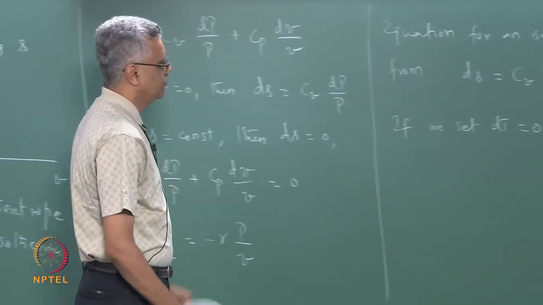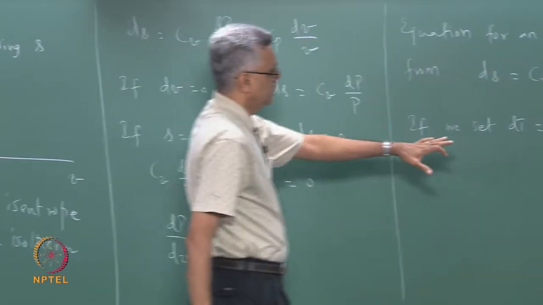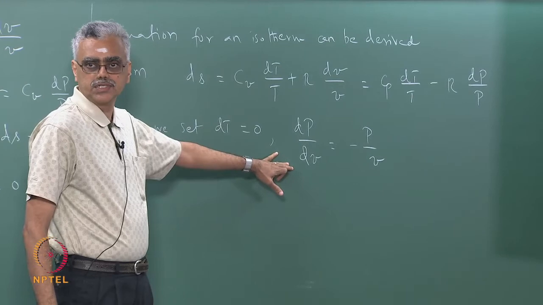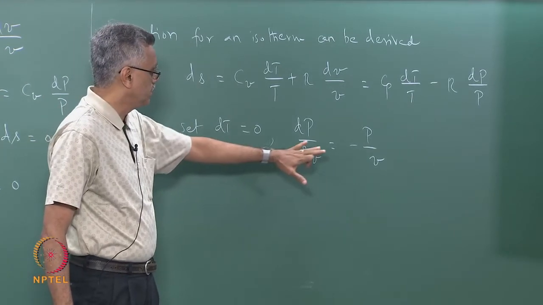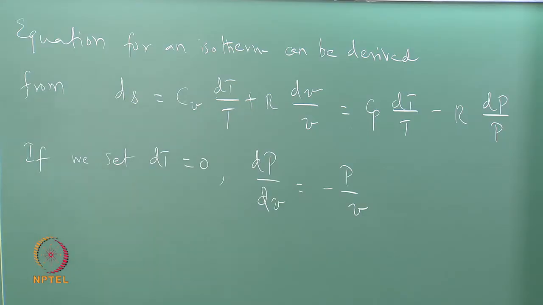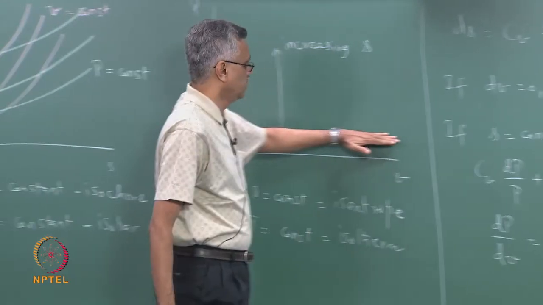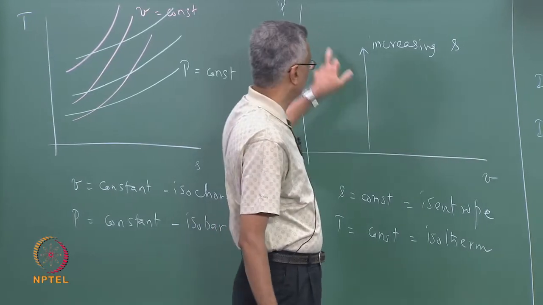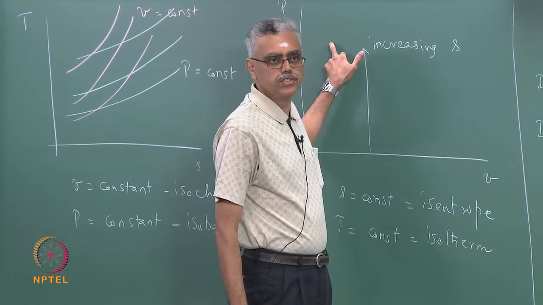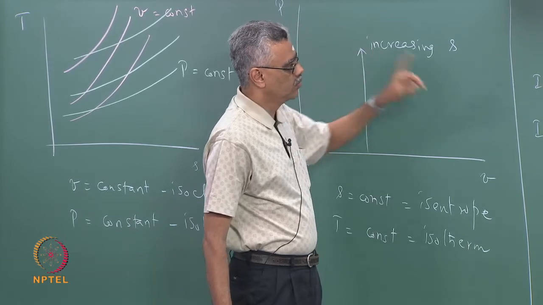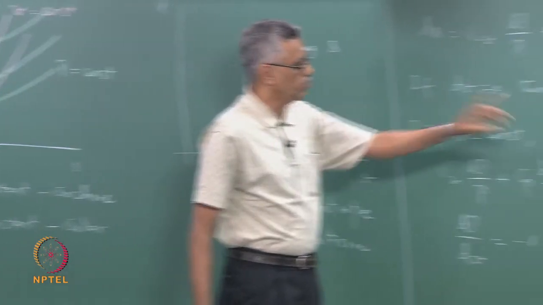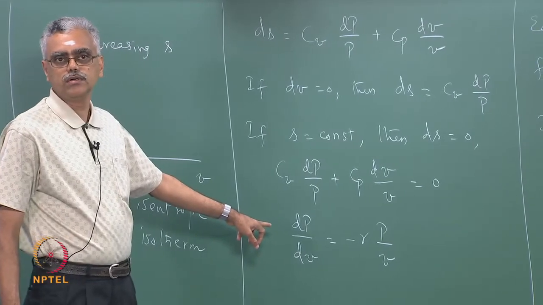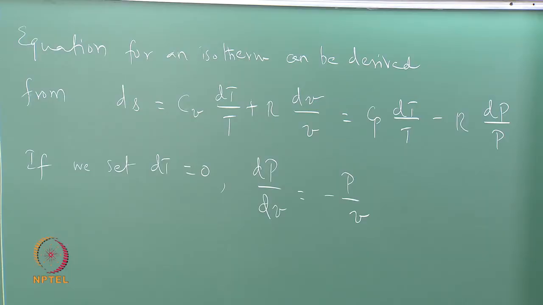Once again, the inference from this is that the slope of the isotherms is also negative, and just like the isentrope, the lines are shallow in this part of the PV diagram when P is small and V is large, and as I go towards this side, the lines become steeper. Most importantly, when I compare the slope of an isotherm with the slope of an isentrope, I can see that isentropes are steeper than isotherms.